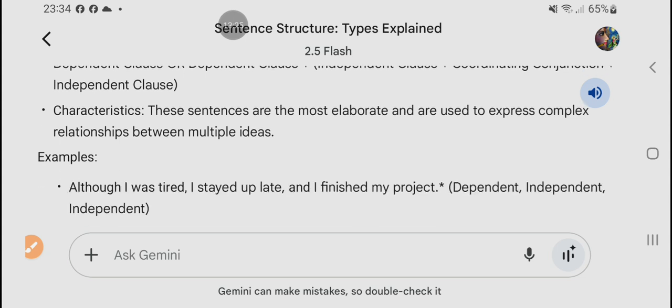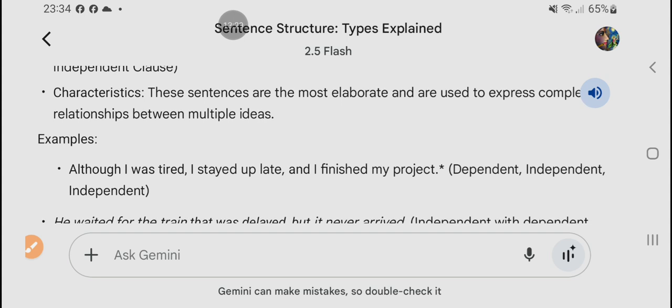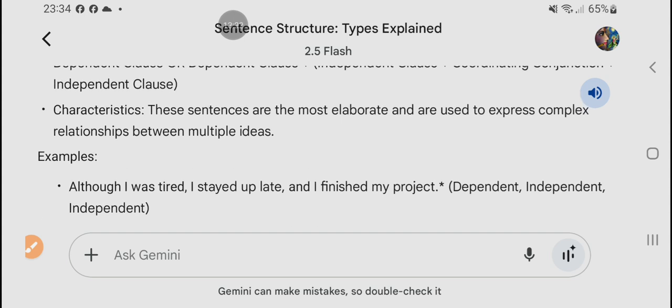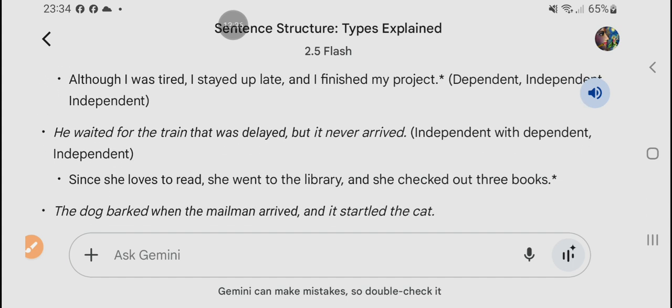Just read. Characteristics: this is the most elaborate and is used to express complex relationships between multiple ideas. Although I was tired, I stayed up late and I finished my project.